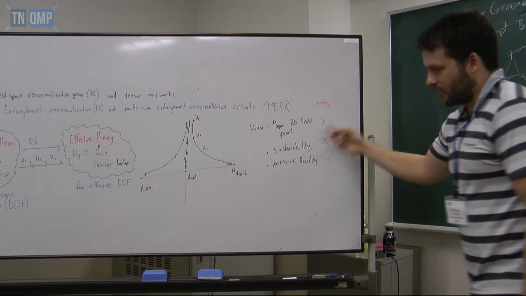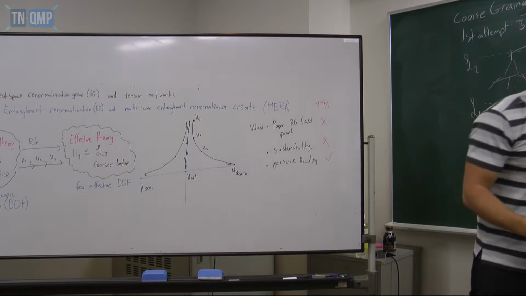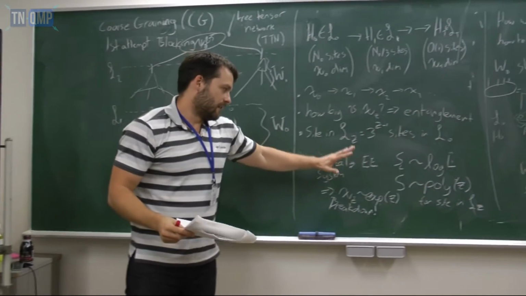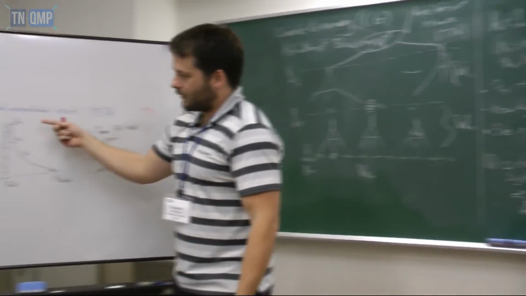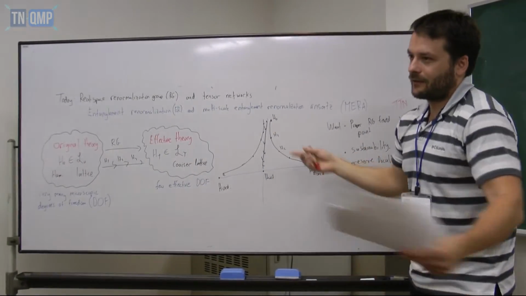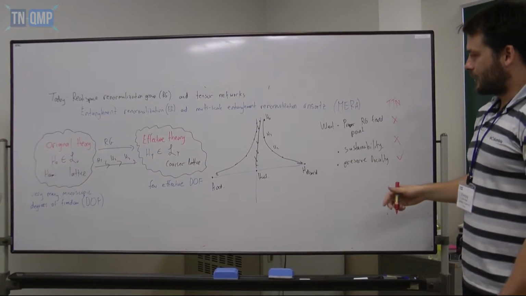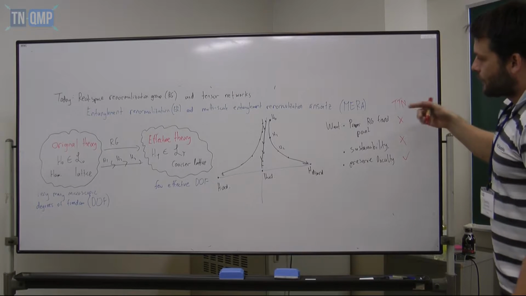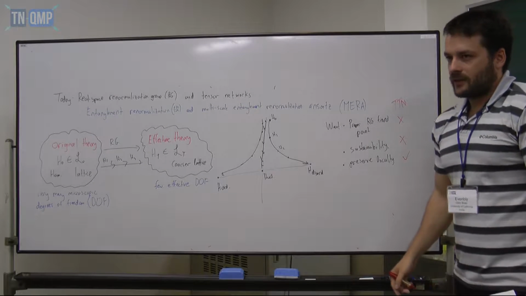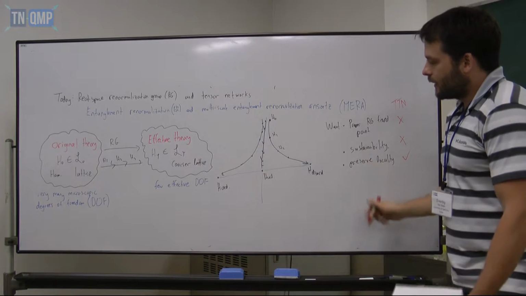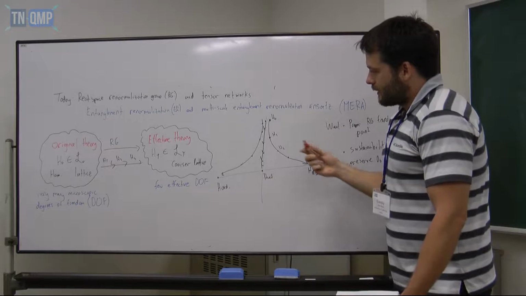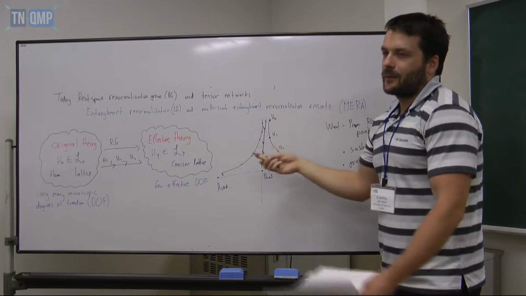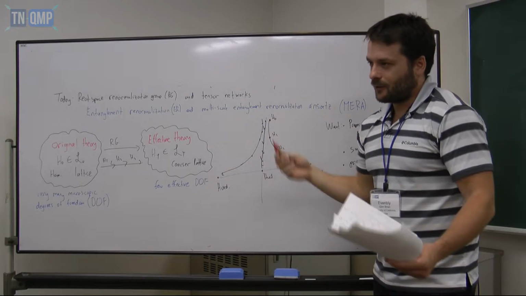So sustainability: it's not sustainable because I need exponentially large bond dimension in order to realize this RG flow, so I go a little bit, then I have to stop. If I'm at criticality, you don't get proper RG fixed points. If I started with a critical system, things are getting exponentially expensive as I coarse grain.